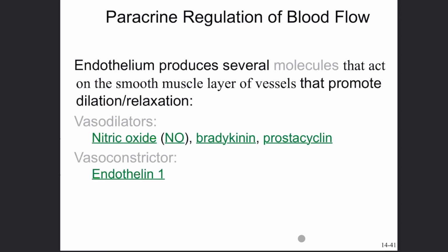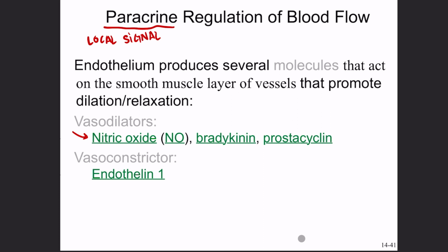There is paracrine regulation of blood flow. If you can remember what paracrine was, it's kind of like a local signal. So an example of this would be the endothelium producing molecules that are going to act on the smooth muscle layer of the vessels. And some examples of that, one big one is nitric oxide.